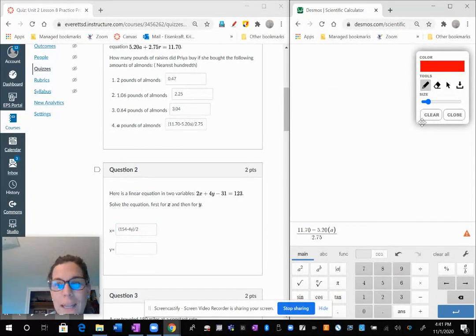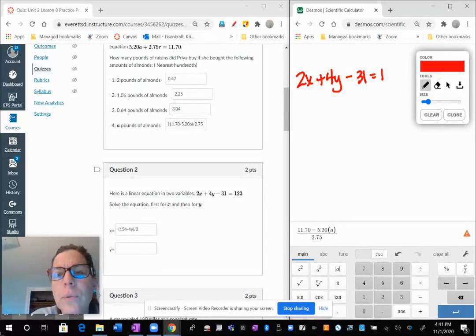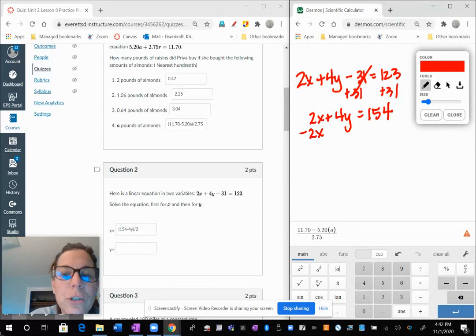Okay, let's solve for y now. So if we solve for y, we have 2x plus 4y minus 31. Same thing, adding 31 to both sides. This time, we would like to see the y isolated. So we are going to subtract 2x because this 2x is just a term out front. Think of it as just a number, okay?